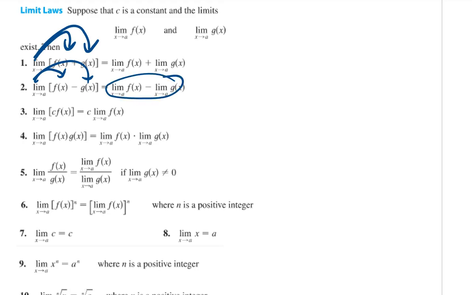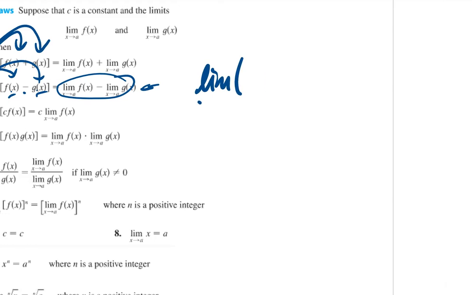So the limit of f of x minus g of x is the limit of f of x minus the limit of g of x. That's right here. One way you'll see this is the limit as x goes to 2 of x squared minus x.